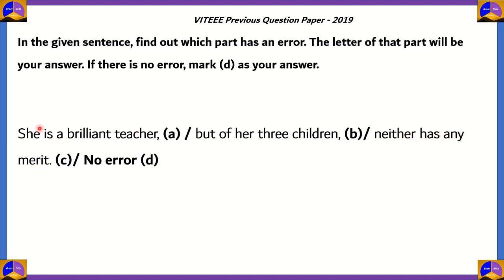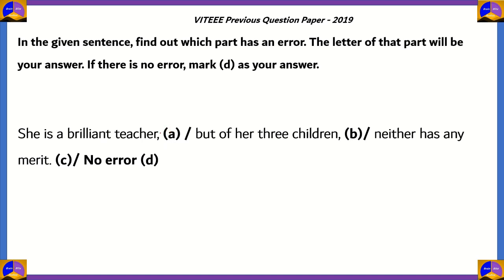So she is a brilliant teacher, comma, is part A, but of her 3 children, comma, is part B, and neither has any merit, full stop, is part C, and if there is no error, then no error will become part D. So which of these is the correct option?